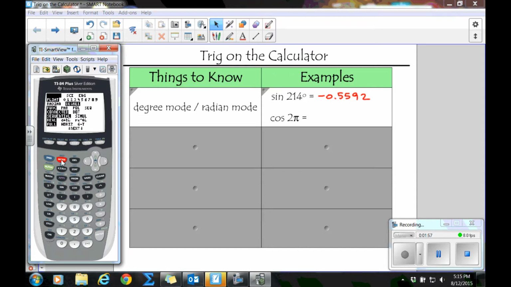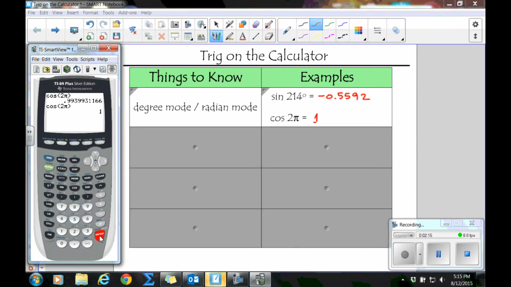So we have to change the mode to radians. And then when I type in cosine of 2 pi, that is the correct answer, and we could confirm that with ordered pairs on the unit circle. So constantly change from degree mode to radian mode back and forth where appropriate.